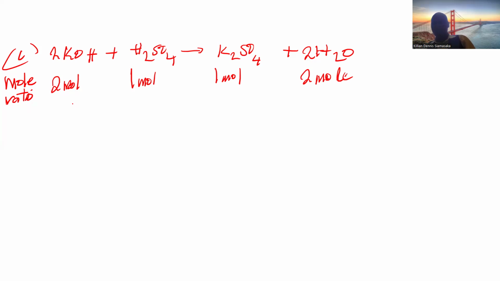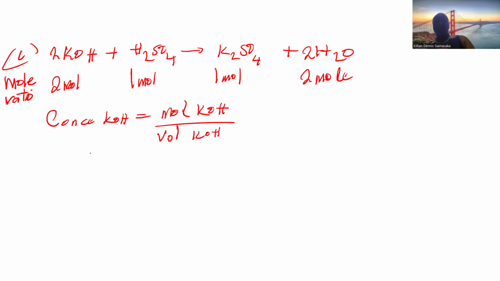The question is asking us, they have given the concentration of potassium hydroxide, which should be equal to the moles of potassium hydroxide divided by the volume of potassium hydroxide.